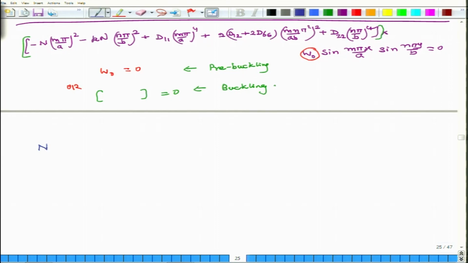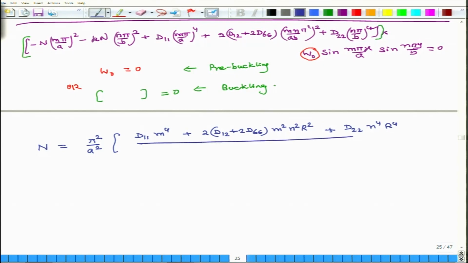So, what do we get? So, if I have to solve for N, then what I get is pi square over a square times D11 m4 plus 2 D12 plus 2 D66 m square n square r square plus D22 n4 r4 divided by m square plus n square r square times k, okay, where r is equal to a over b.